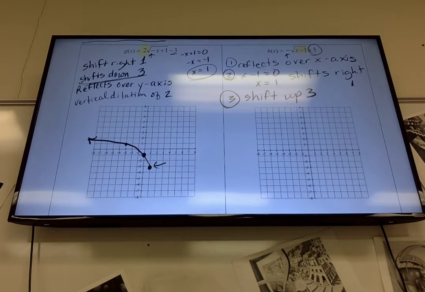Now we're talking about shifting the original graph. So if you go back to the very first graph we did, all of those points are the ones that are going to be moved around. So instead of at 0, 0, that point that was at 0, 0 is now going to the right one and up 3.